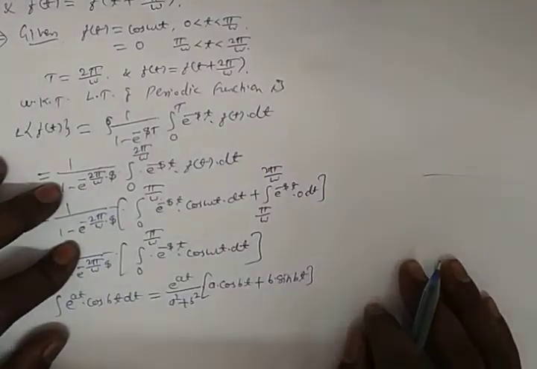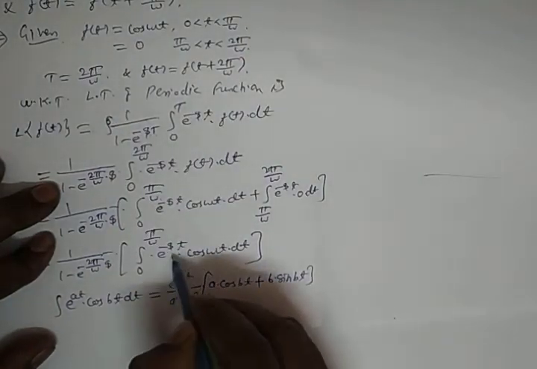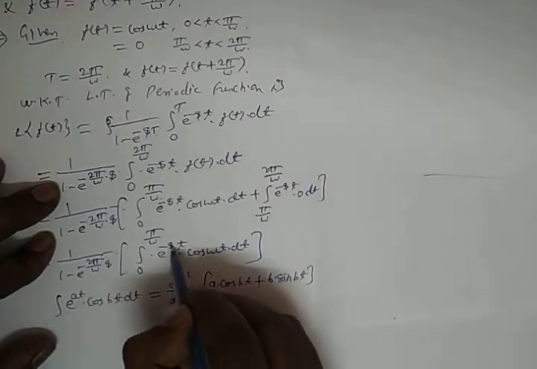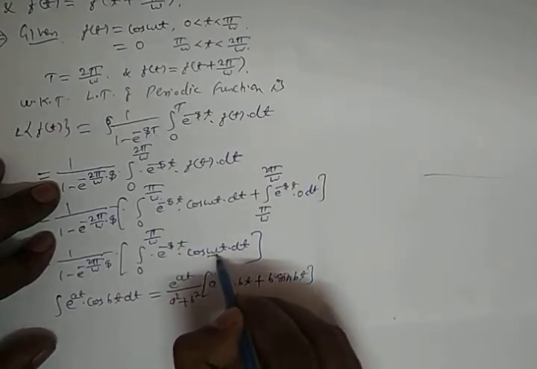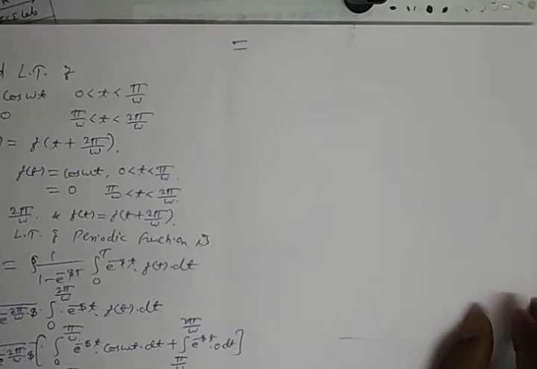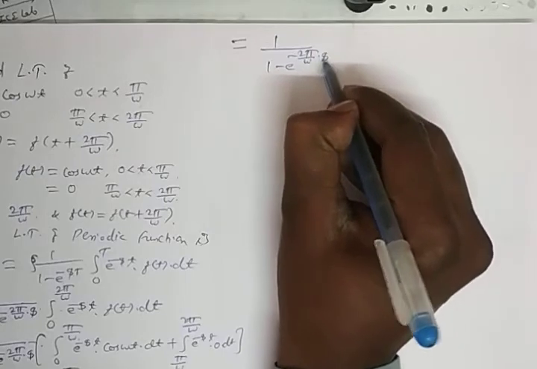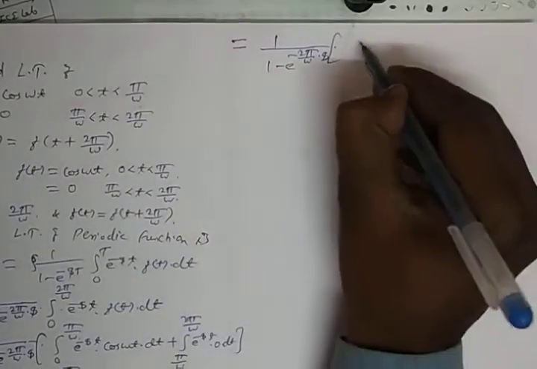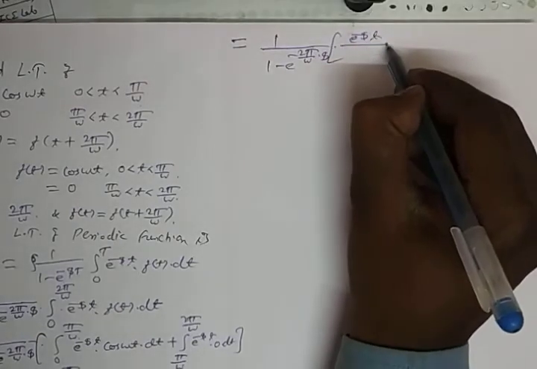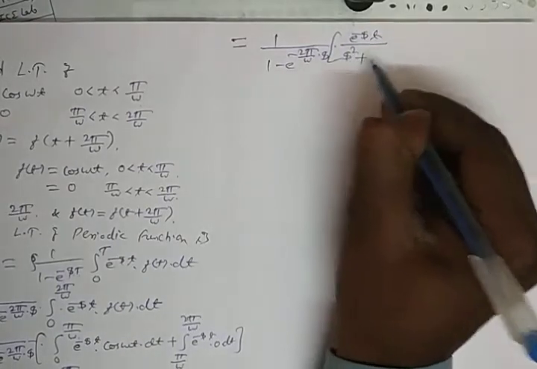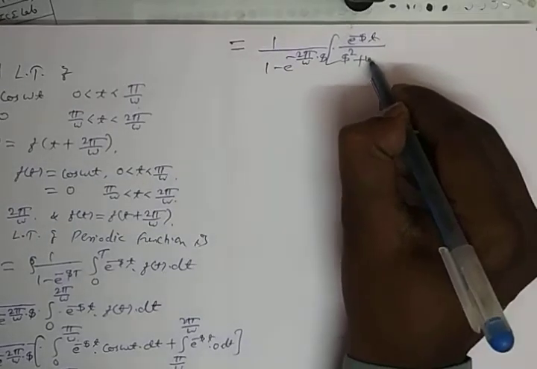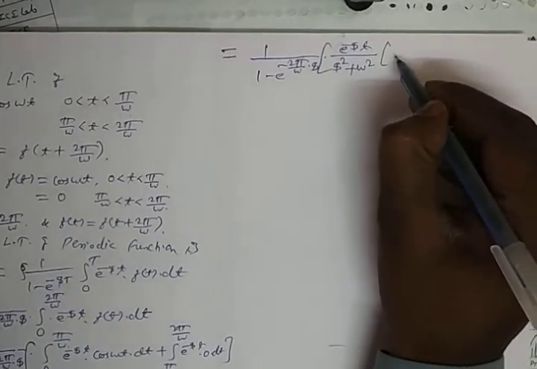So here we have to put the values: the value of a is minus s, and the value of b is omega. Put those values here, and let us see what we get. That is equal to 1 upon 1 minus e raised to minus 2 pi by omega into s, in bracket e raised to minus st upon a square, that is s square, plus b square, that is omega square, in bracket a, what is the value of a?